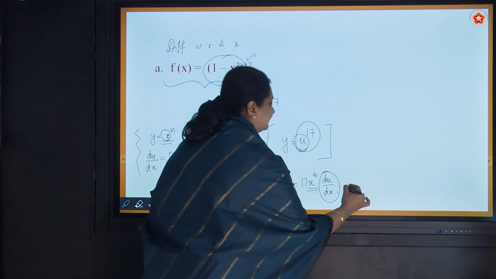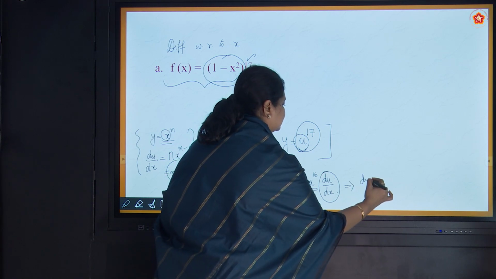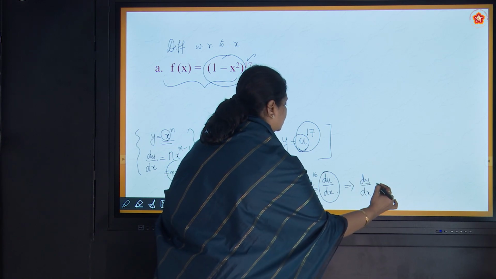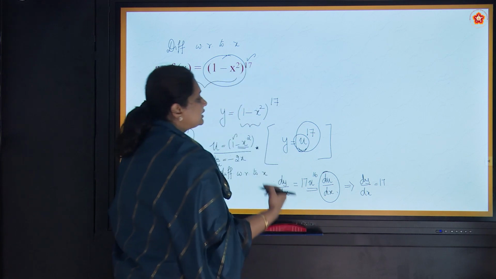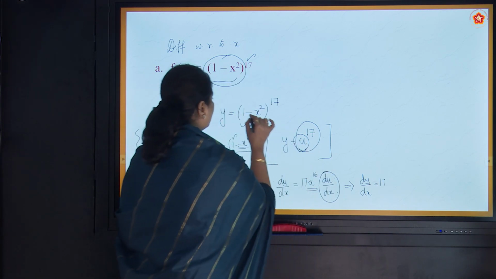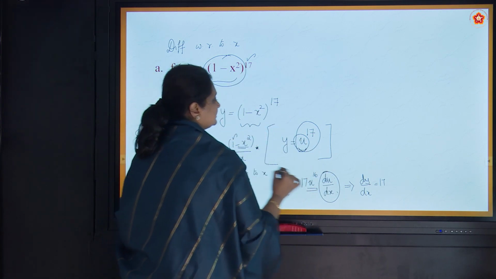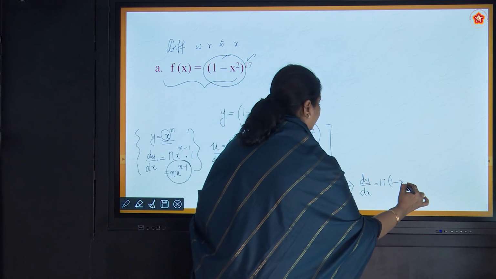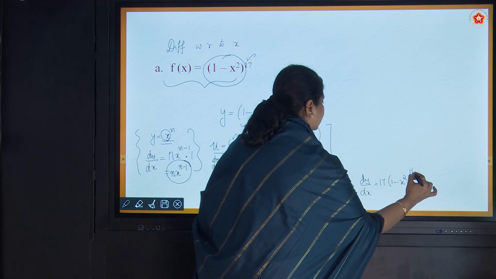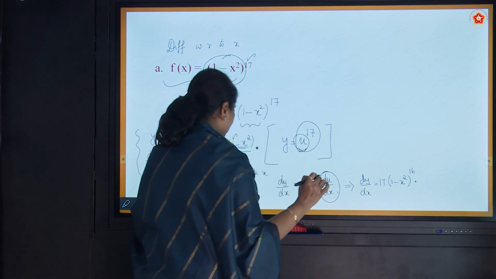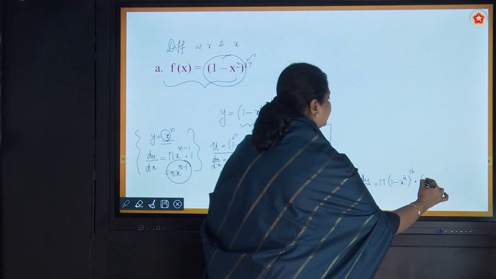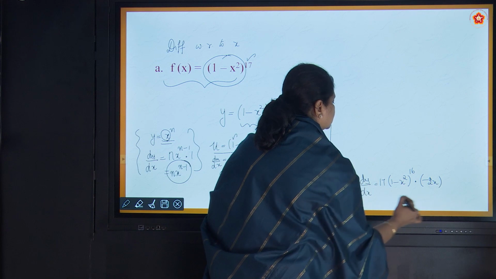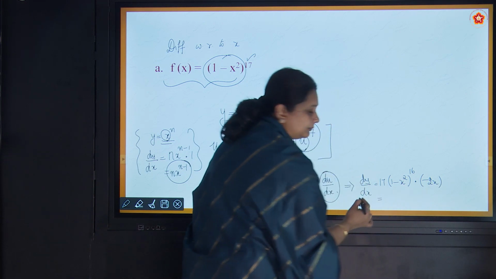So now let me replace: dy by dx is equal to 17 u to the power 16. U is nothing but 1 minus x squared, the whole raised to the power 16, into du by dx, which is nothing but minus 2x. So this gives me, let me rewrite it.